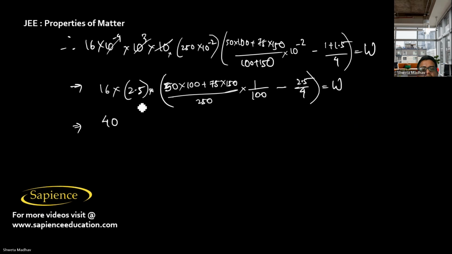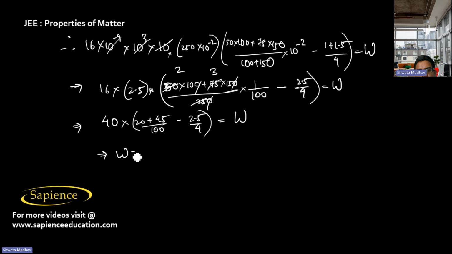This will be 40 into, 0 will cancel, so 25 plus 50 is 75. This will be 40 into 20 plus 20 plus 45 by 100, minus 2.5 by 4. It is equal to W, which is the work done, which you have to find out.